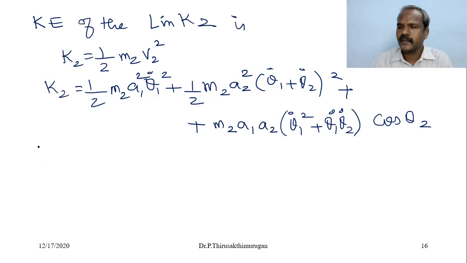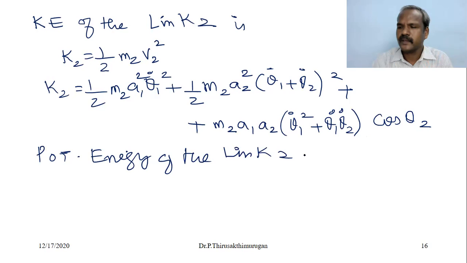Similarly, the potential energy of the link 2 is P2 equal to M2 G H, right? H is Y2. That is height.